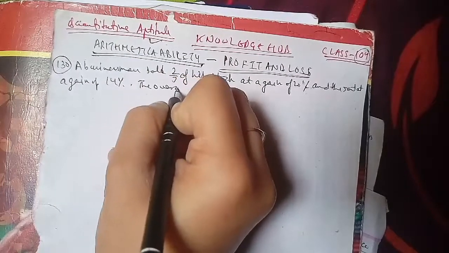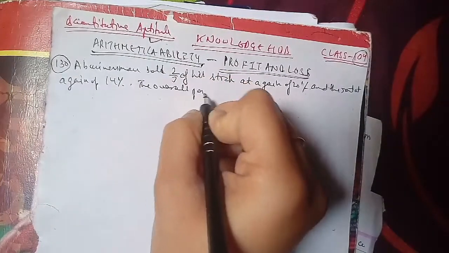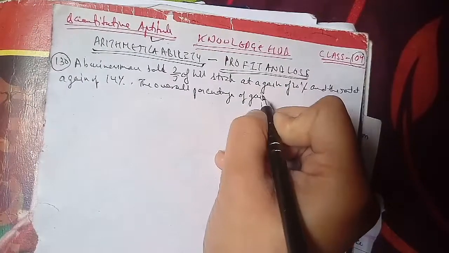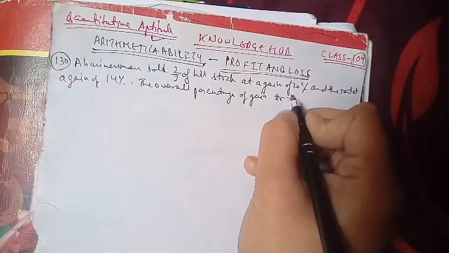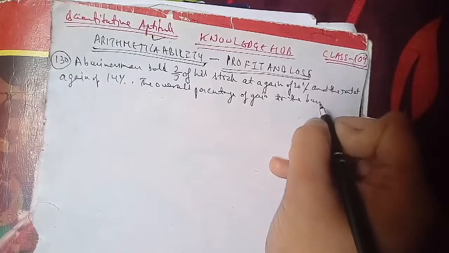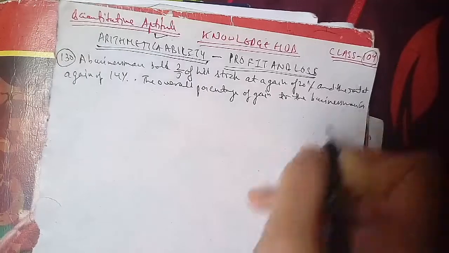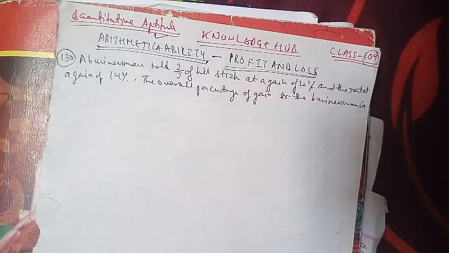The overall percentage of gain to the businessman is, the options 12%, 17%, 18%, 20%, and that we have to discuss here. So we go ahead for the same.